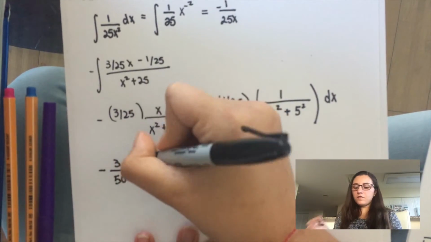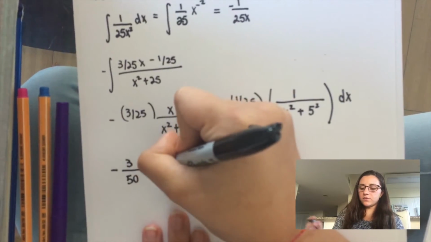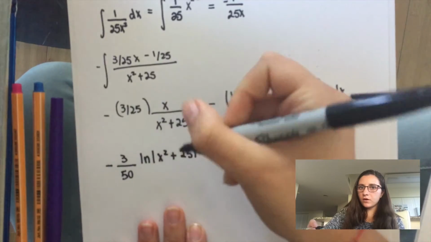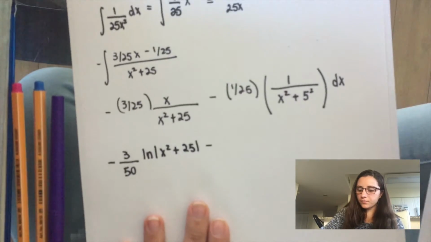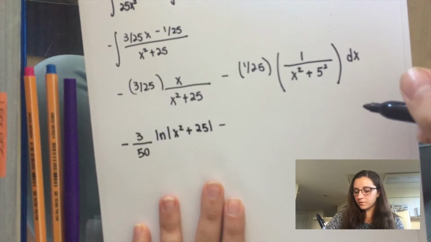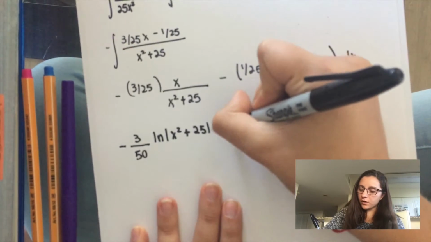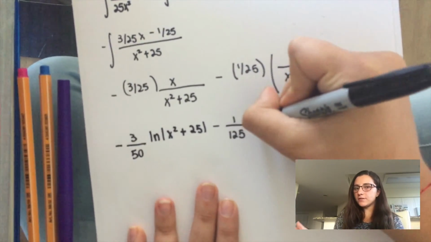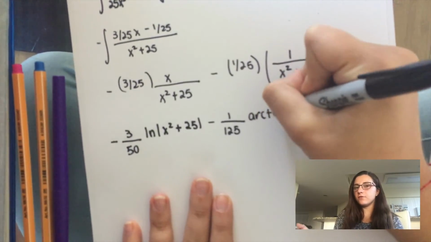And then for the first part, what we get is just simply the natural log. So we have negative 3 over 50 times the natural log of x squared plus 25. And then our second one is the arctan formula.